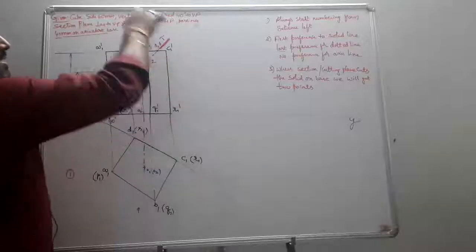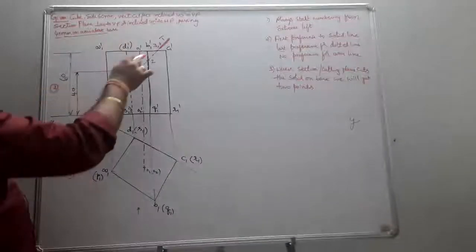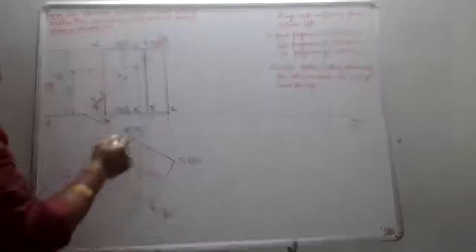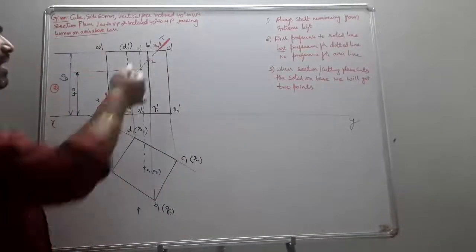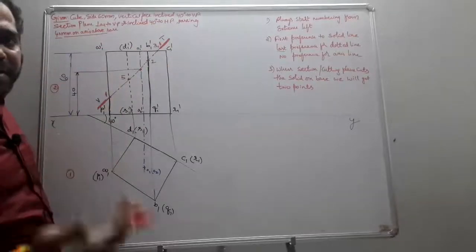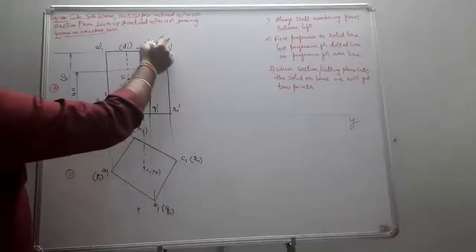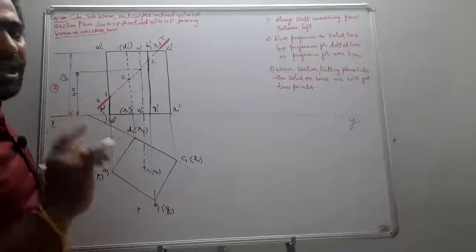AB, BC, CD and DA are the 4 edges. It cuts 2 edges. What are the 2 edges? BC and CD. So the BC edge point is 3. Behind that, another edge, CD, which is invisible, so I start the numbering from there. It is point 4. But the points are obtained on the common point, so that becomes only 3, 4.